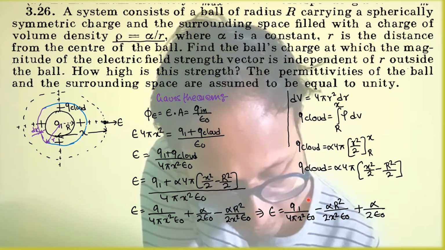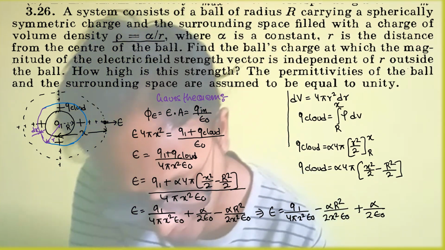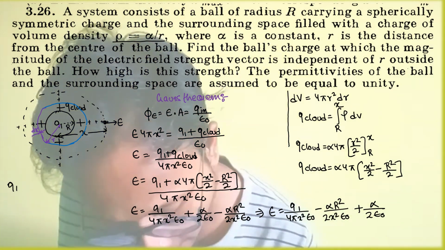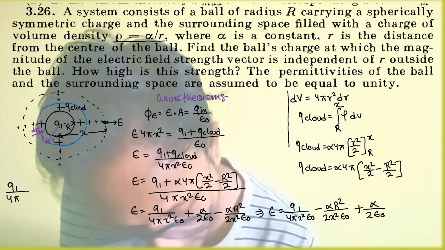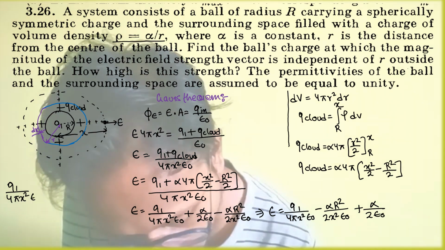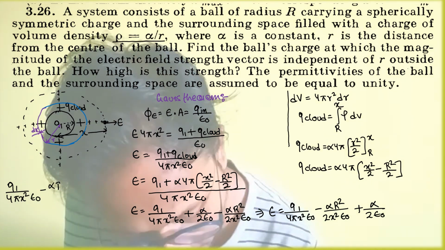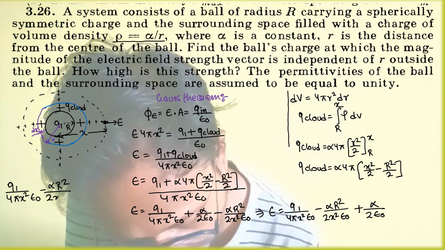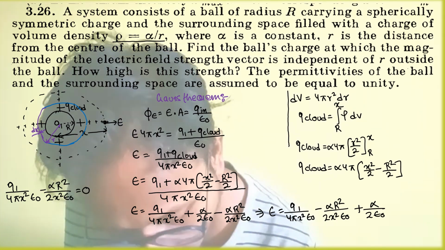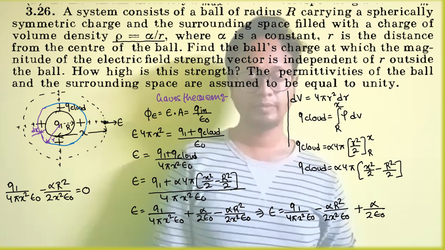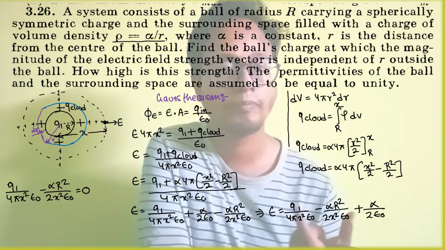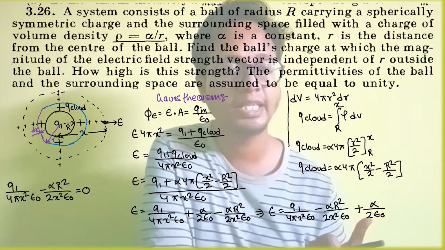So I can say that q1 by 4 pi x square epsilon naught minus alpha r square by 2x square epsilon naught is equal to 0, isn't it? Because if these two terms become 0, then this term is already independent of x.